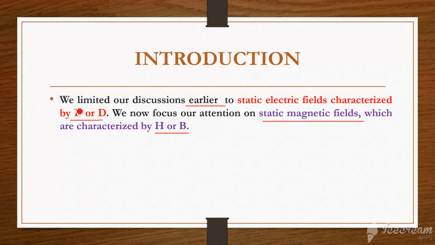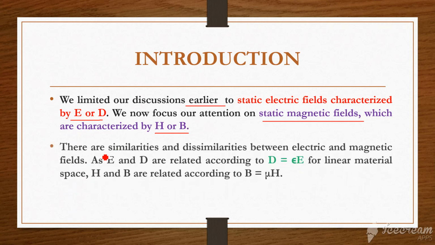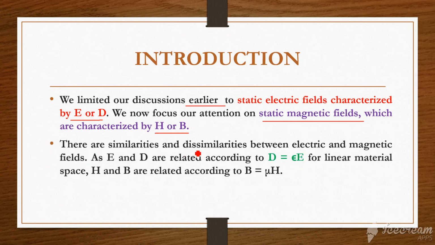Here E is the electric field intensity, D is the electric flux density, H is the magnetic field intensity, and B is the magnetic flux density. There are similarities and dissimilarities between the electric and magnetic fields.